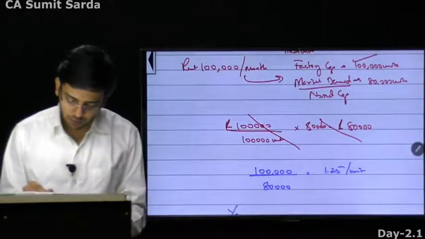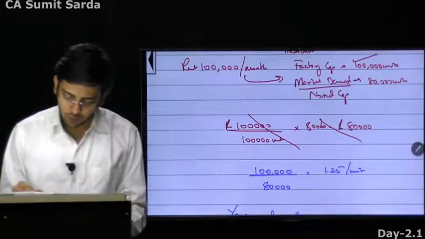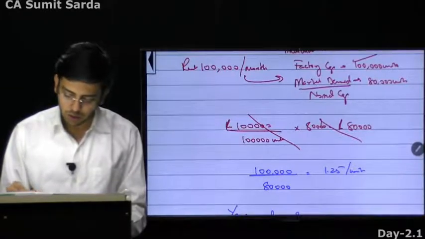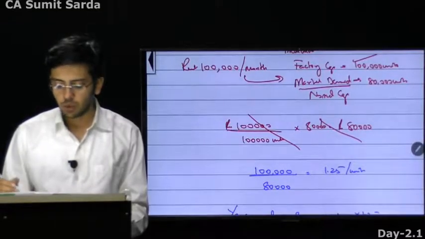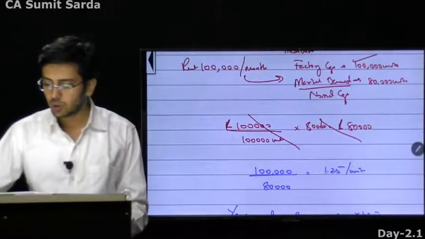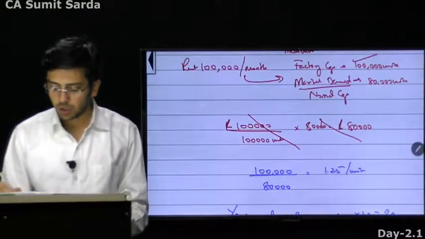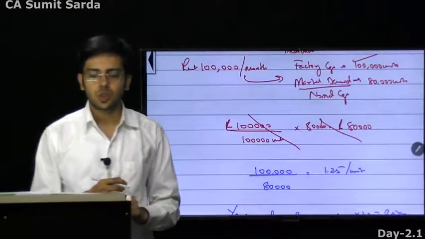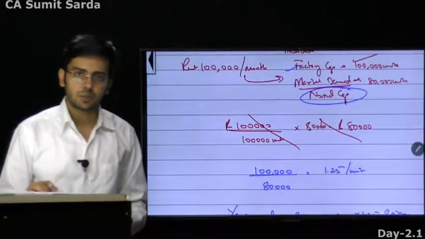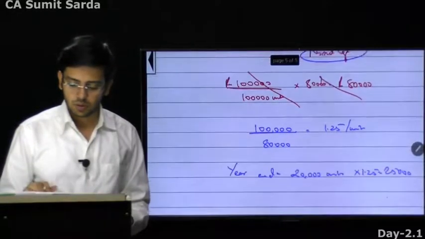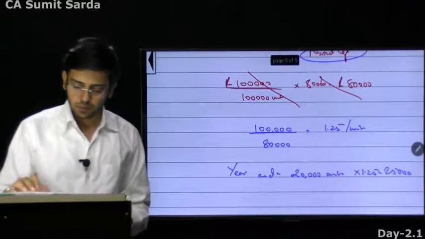So in the year end, suppose I have 20,000 units in my stock. The overhead that I am going to allocate to the stock is 20,000 into 1.25, 25,000 rupees. So factory overhead is always allocated on the basis of normal capacity. I hope it is clear.